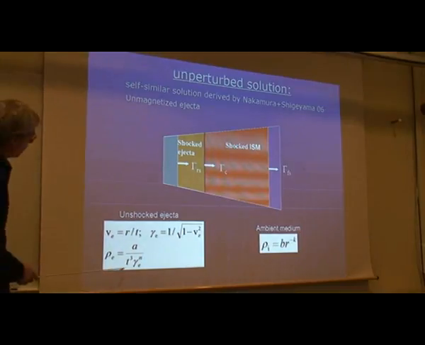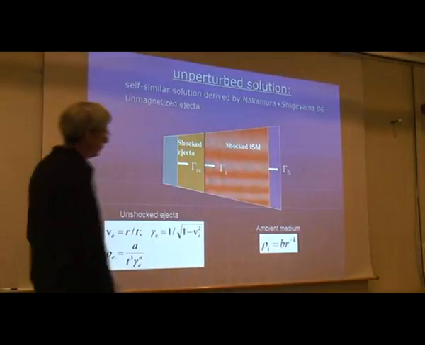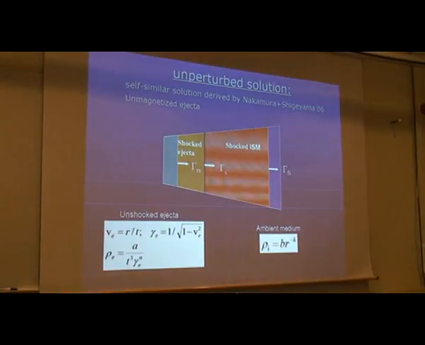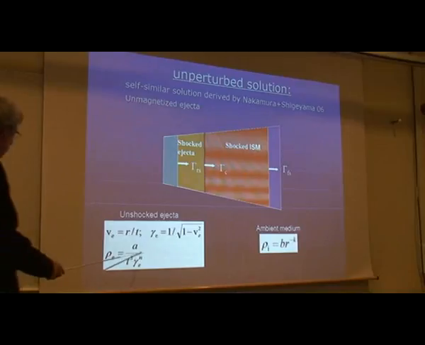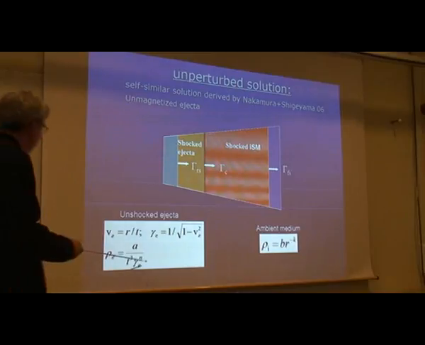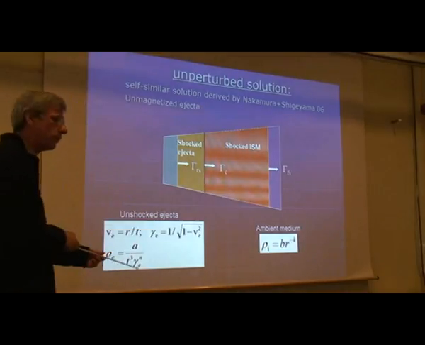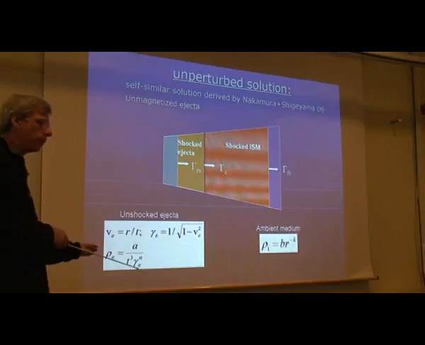Okay, so this is the ejecta, and the ambient medium is as usual taking a density profile which is some power. So n and k are free parameters. You see here, this is not just a thin ejecta. As long as a reverse shock propagates in this structure, it works.